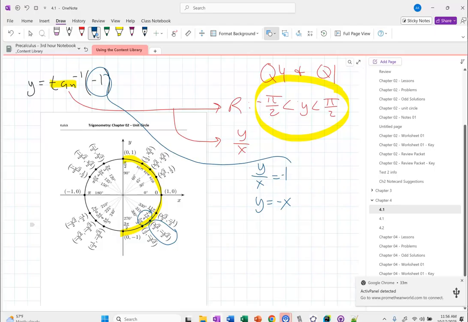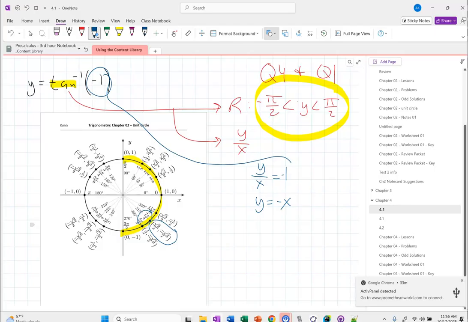Nope. Not for tangent. But it does have to be chosen inside of the place we're searching, right? So Gianna had suggested 3 pi over 4, which has equal numbers but opposite signs, but it's not inside of our search space. So we wouldn't want to choose that one.